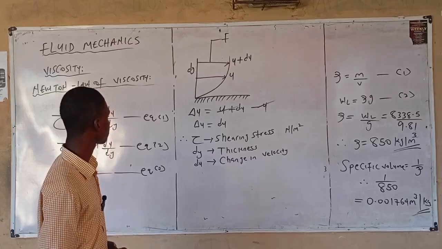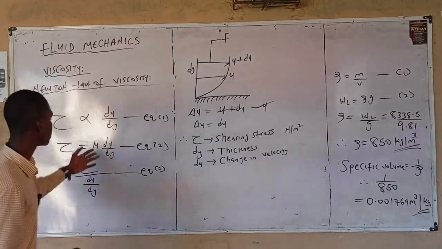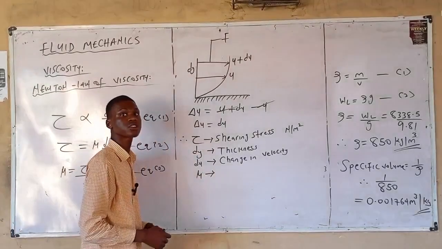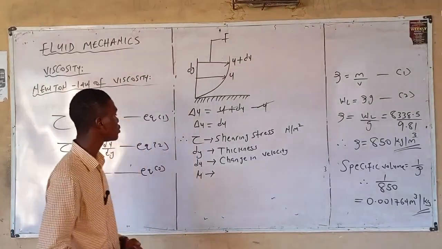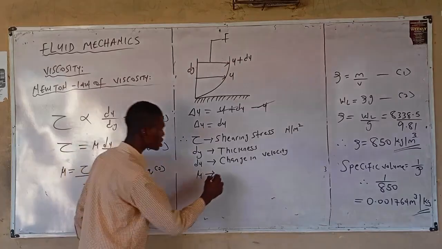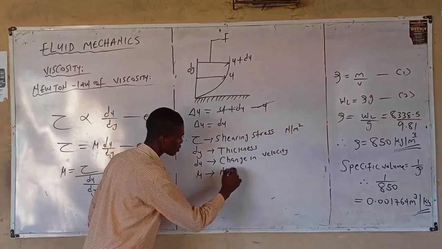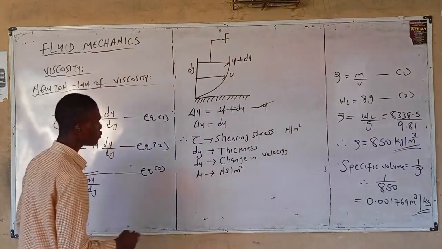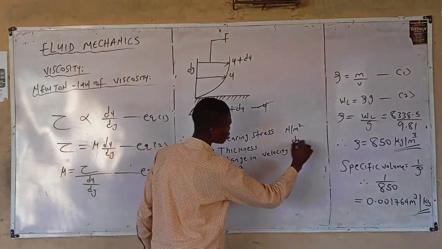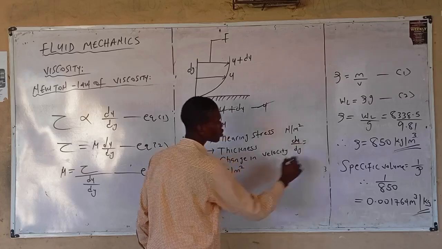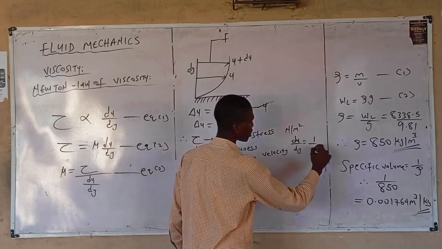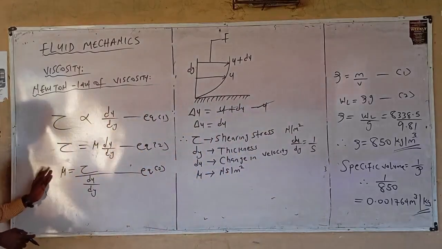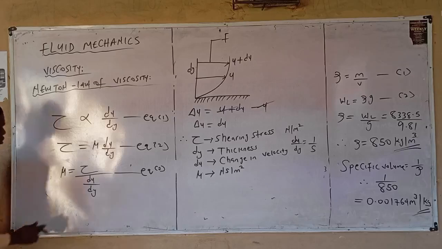Then what else? Dynamic viscosity, or you simply say viscosity, has its unit to be Newton seconds per meter square. This is how it works. From here, du over dy is equal to 1 over seconds. Come back here. Let's obtain the unit for dynamic viscosity.